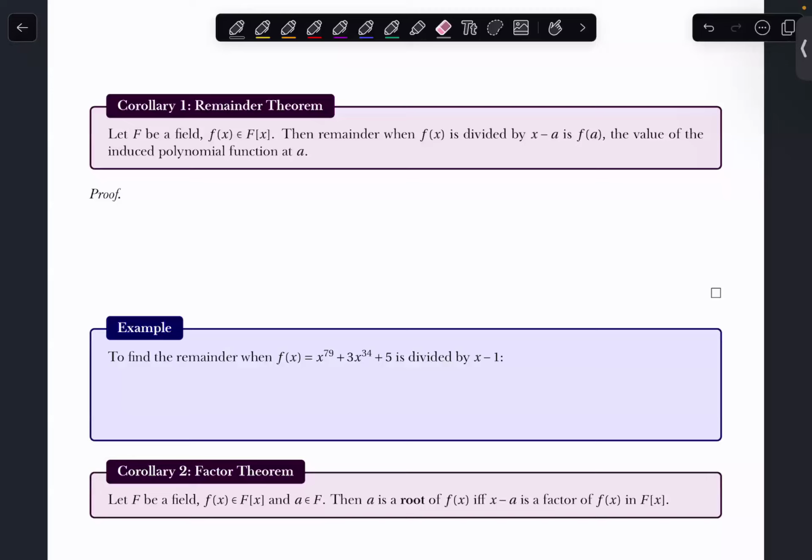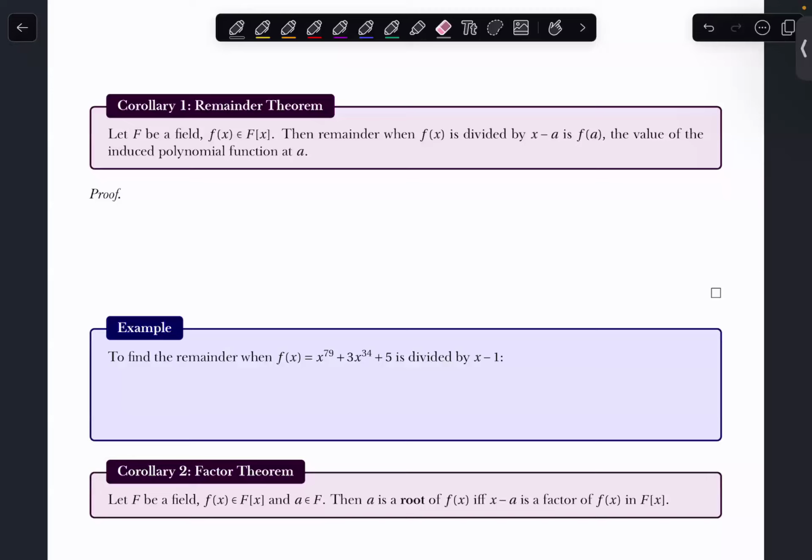Okay, so if I find the remainder of f(x) after I divide by x minus a, I'm going to get back f(a). So if a is a zero, the remainder is going to give me 0 back out, and I can nicely divide my f(x) by my x minus a. That's really what my remainder theorem is saying.